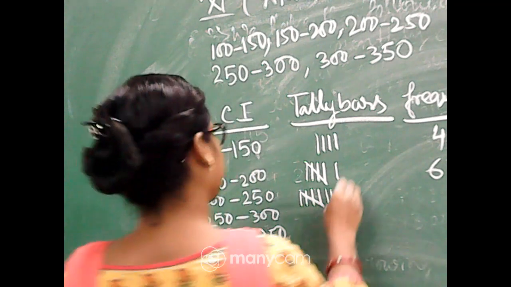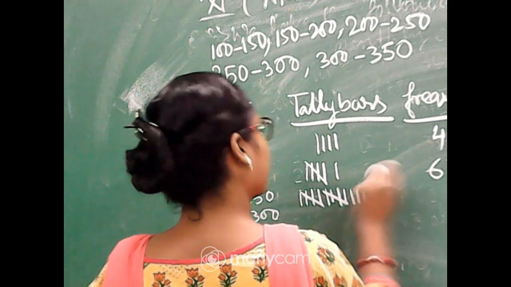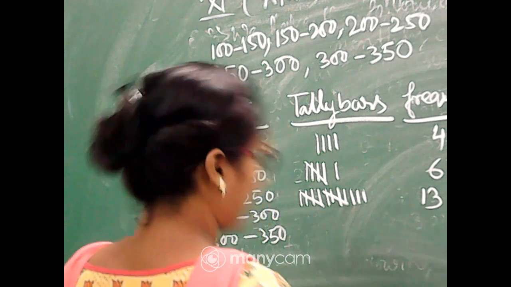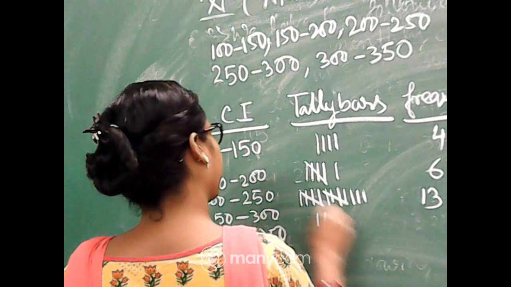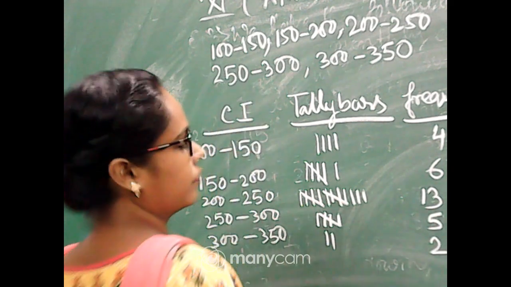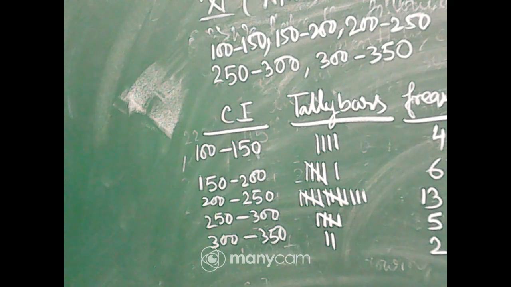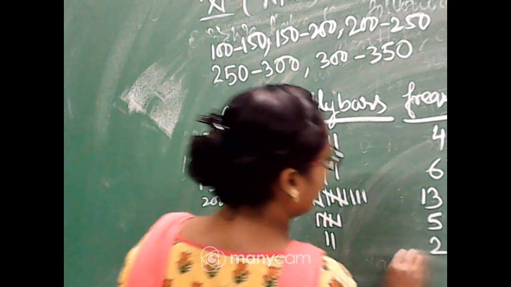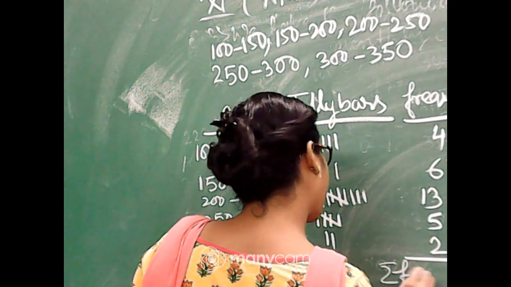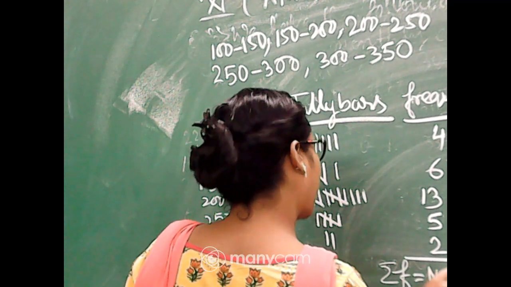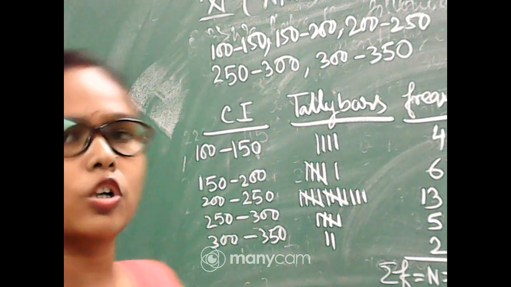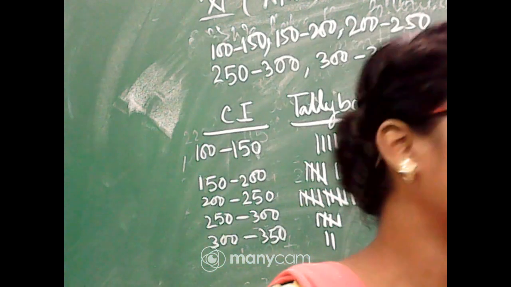Yes. 13. Next 5. Next 2. Okay. We have already found our frequencies. Now the summation of frequency, or n, is 30, because the total households given is 30.